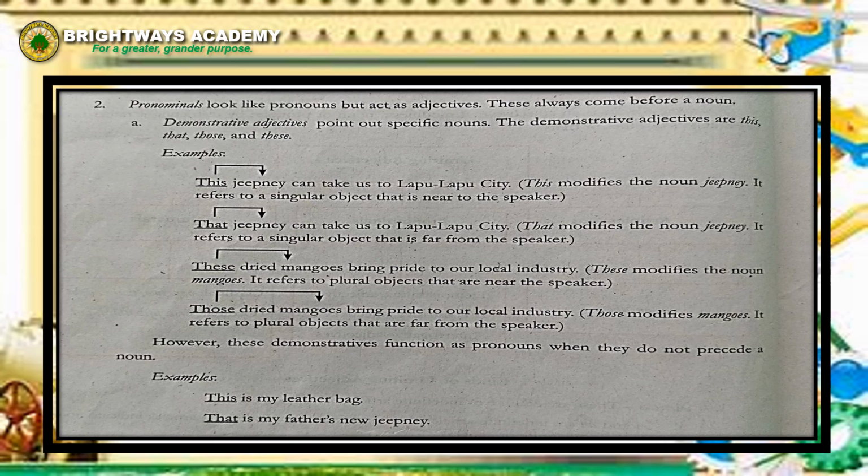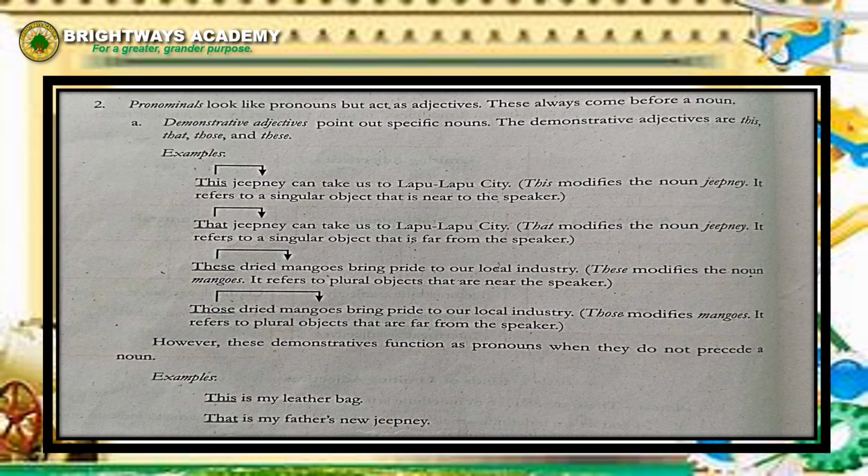The demonstrative adjective that modifies the noun jeepney. It refers to the singular object that is far from the speaker. So it means the speaker is far, pointing at that jeepney. Another demonstrative adjective, these. These dried mangoes bring pride to our local industry.